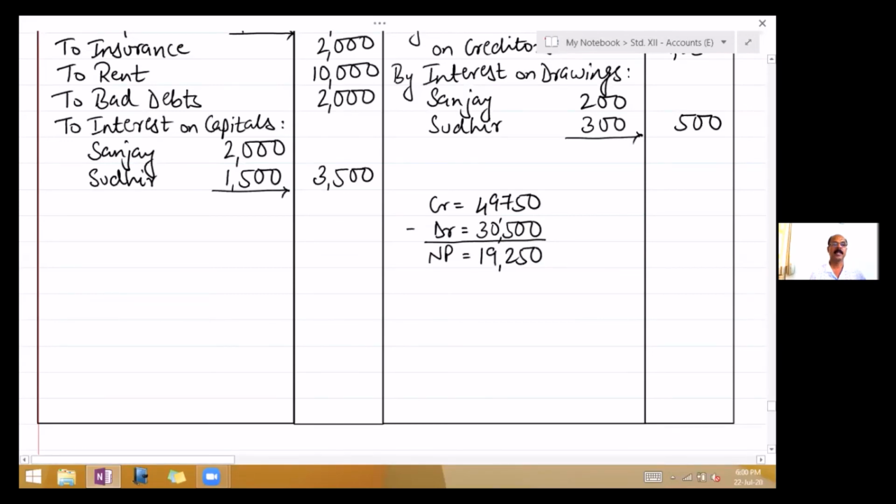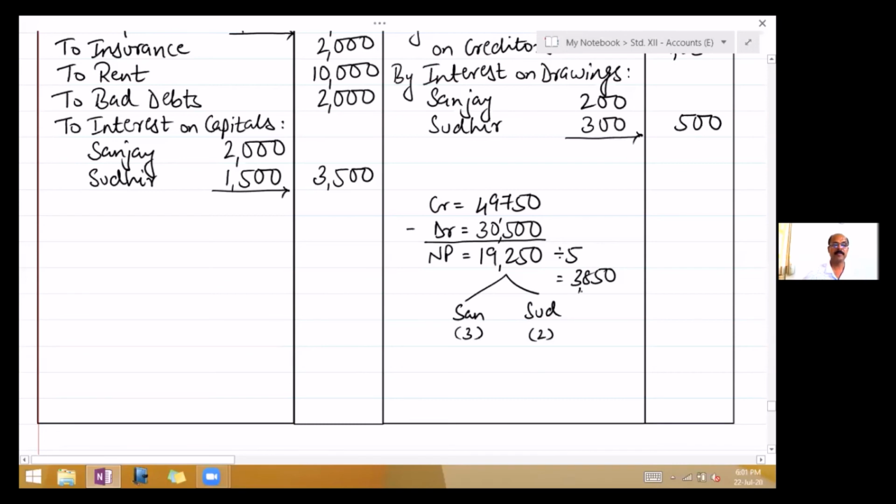Very good. Divide this between Sanjay and Sudhir in the ratio of 3:2. So divide 19,250 by 5. 19,250 divided by 5 is 3,850.